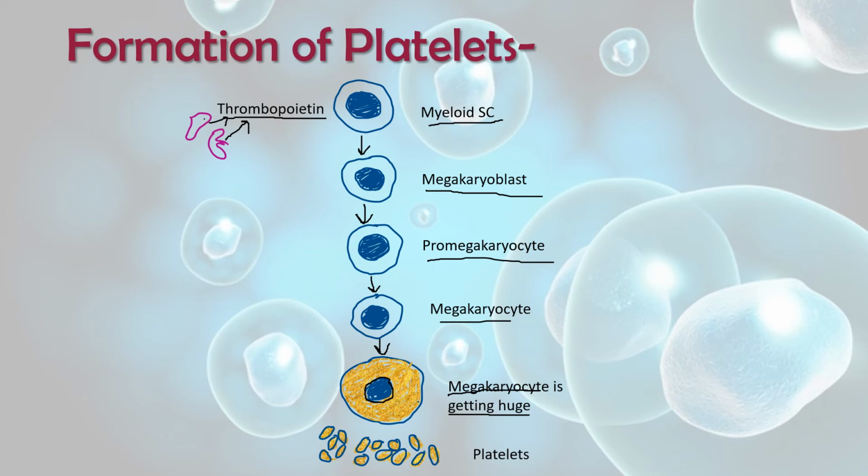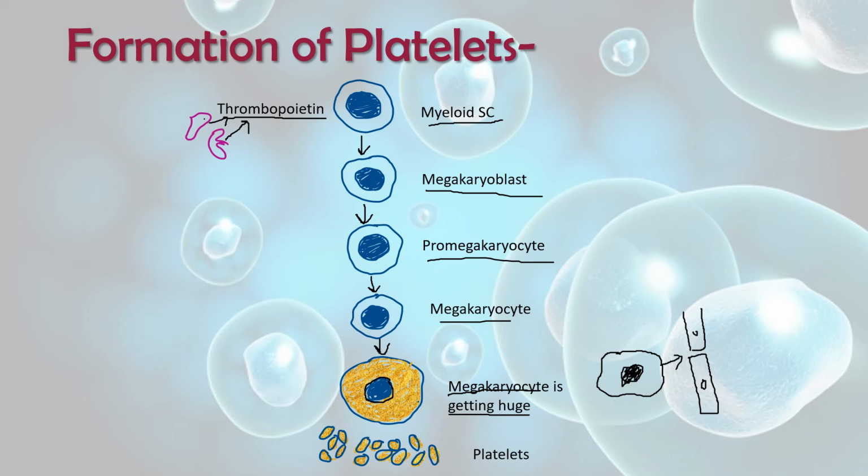One thing you have to note is that this megakaryocyte is so large that it cannot pass through the sinusoidal capillaries of blood. These are the sinusoidal capillaries of blood. So when it has to cross this, it gets fragmented, or we can say it bursts out.